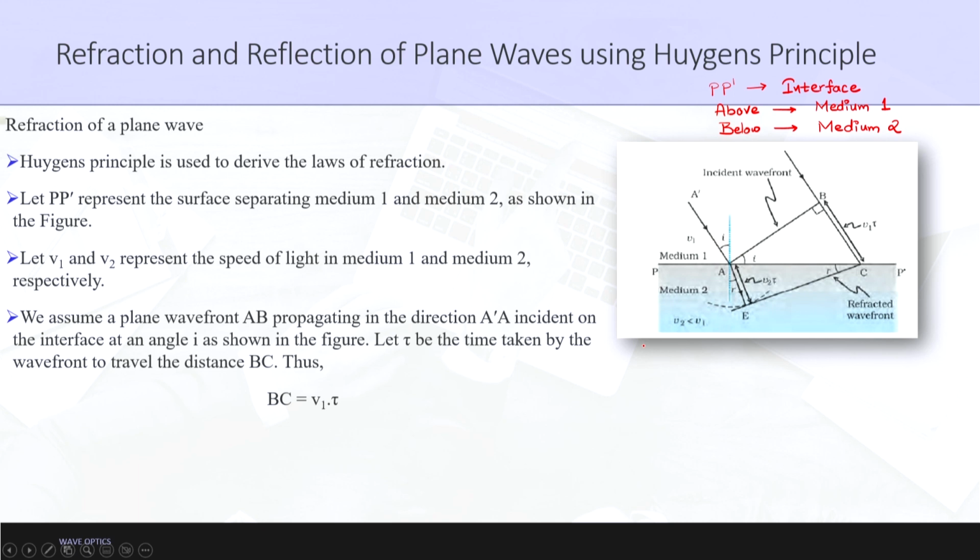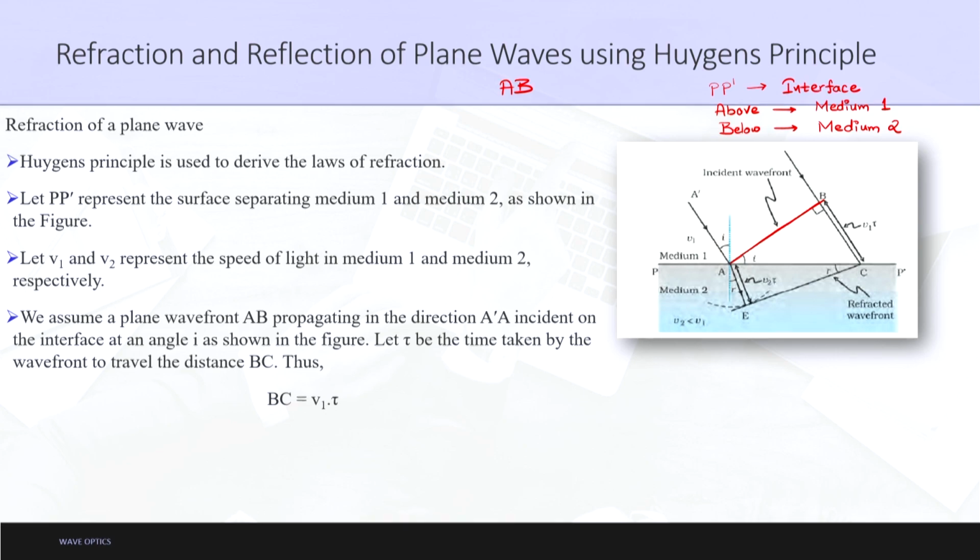Now let us suppose that this is a ray of light, and this is also a ray of light. Because of this complete ray of light, a wavefront is formed. Let that wavefront be denoted as AB. So let AB be the incident wavefront. This time the complete light is not a single ray, it is a complete wavefront.